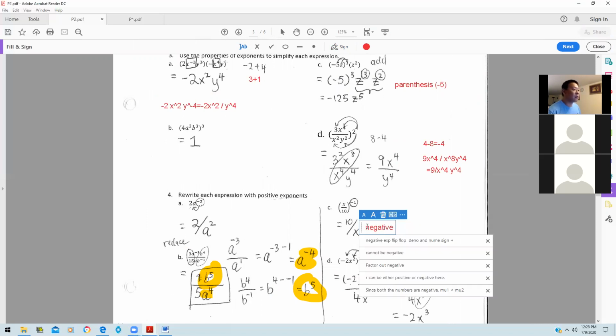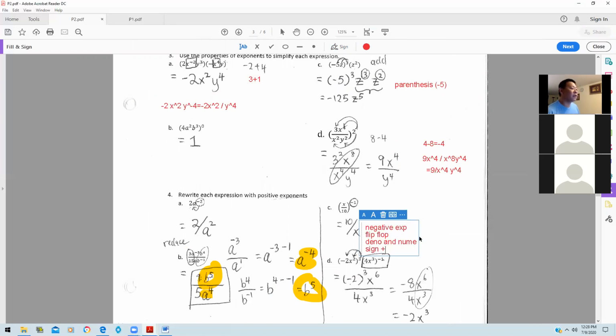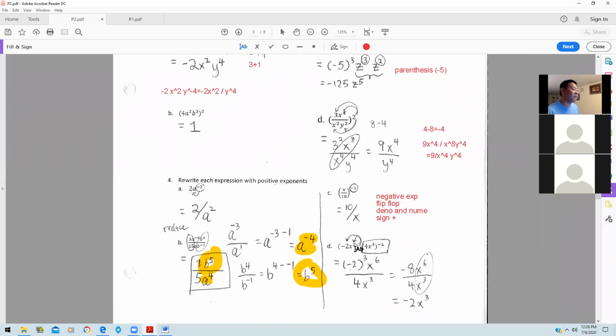So when you have a negative exponent on a parenthesis, you flip the fraction and change the sign of the exponent to positive. If this is x over 10, it becomes 10 over x, and then the whole thing to the power of 1. So you just flip-flop it.